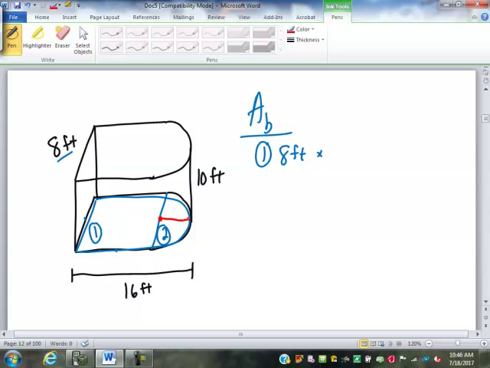What's the distance from here to here? In other words, what's the radius of that half circle? 4 feet, right? It's 8 feet all the way across here, so it's a diameter of 8, a radius of 4. So if that's 4 feet, that makes this 12 feet. So that rectangle is 8 by 12.